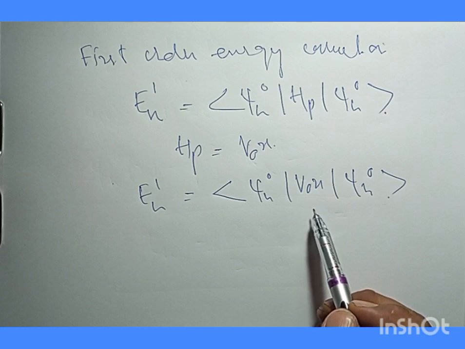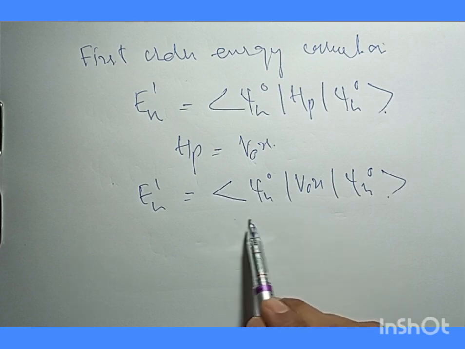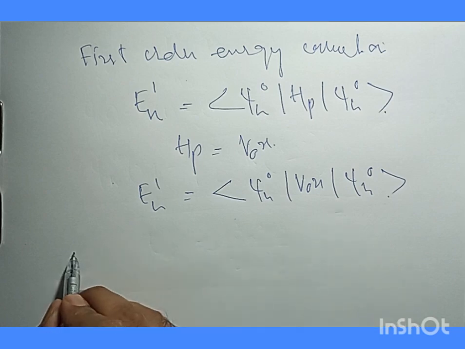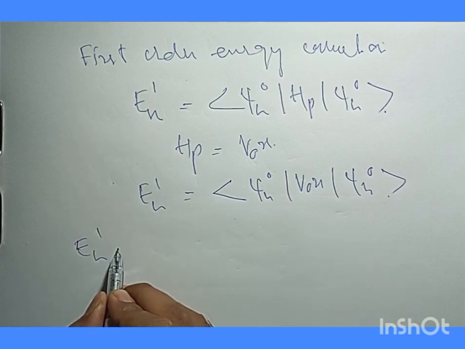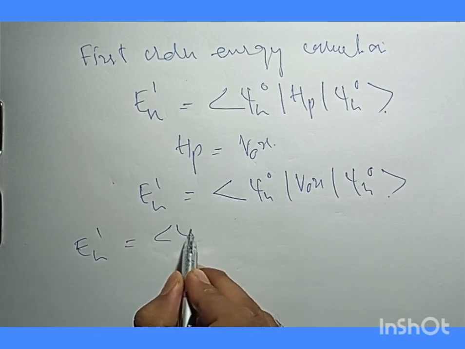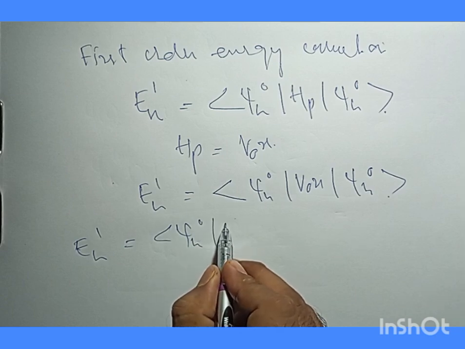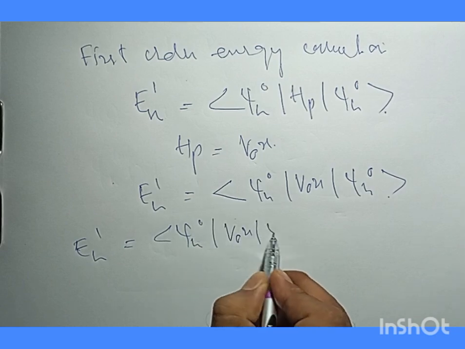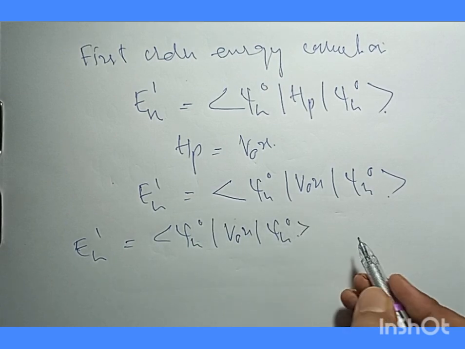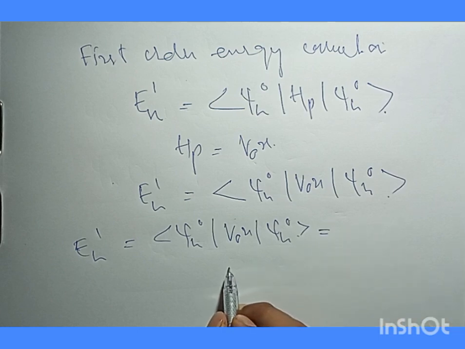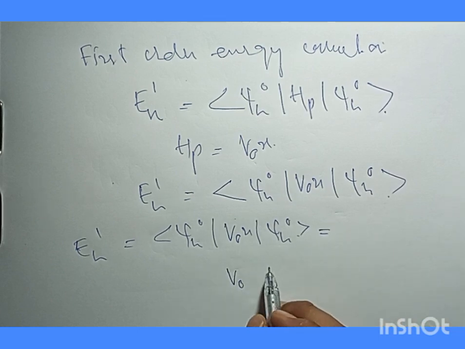So what we need to do here is to compute this matrix element. If we have to compute this matrix element, this will be psi n naught, V naught of x, psi n naught. And V naught is a constant as we have given it, so V naught is out.